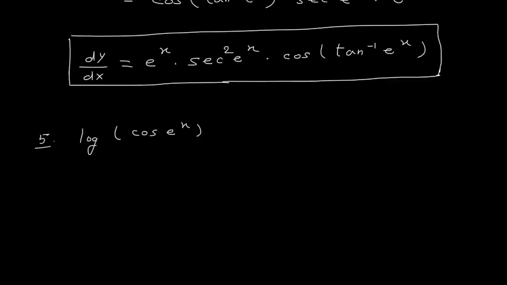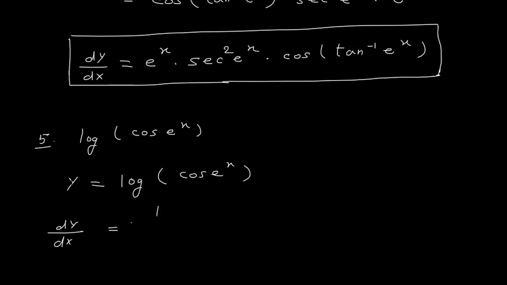Fifth problem is log of cos e power x. So here I will take y is equals to log cos e power x. Now here logarithmic function is also there, and e power x, that is exponential function, is also there. The outer function is log function. So dy upon dx. Now derivative of log x is 1 upon x.